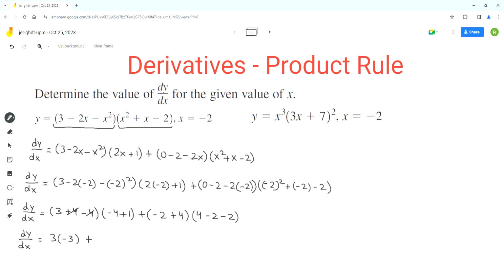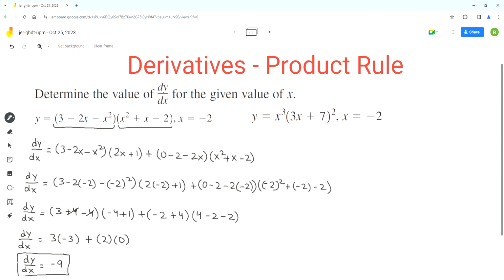And then plus, negative 2 plus 4 is equal to 2, times 4 minus 2 is equal to 0. So we get dy over dx equals negative 9, because 2 times 0 is 0 and adding 0 won't change negative 9. So this should be the final answer for the first function.